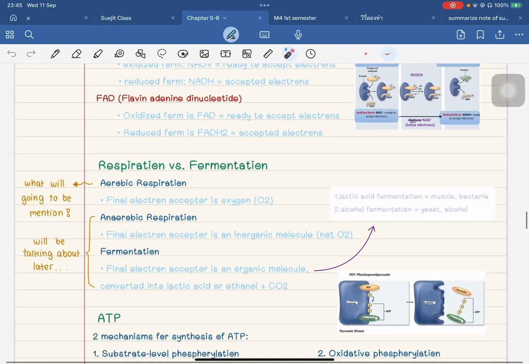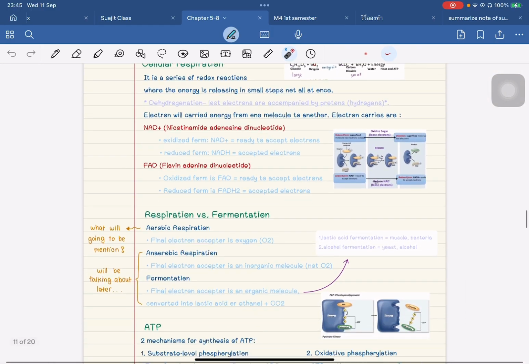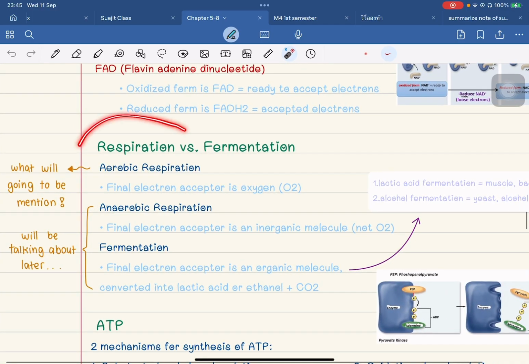In cellular respiration, we actually have three processes: aerobic respiration, anaerobic respiration, and fermentation. The first one is aerobic respiration, which has oxygen as the final electron acceptor.